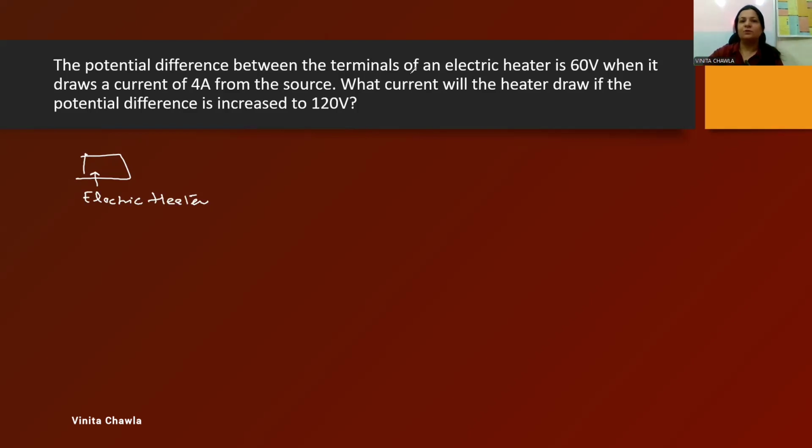If we increase the potential difference, then current will also increase. Because we have an electric heater, we'll keep the resistance same.